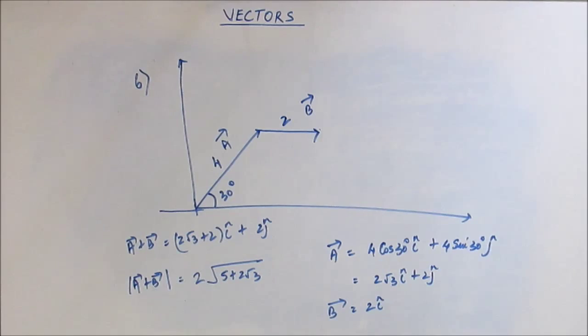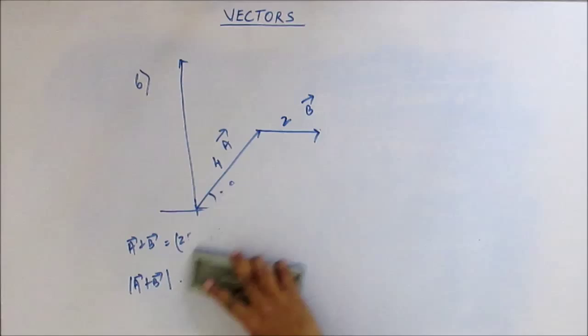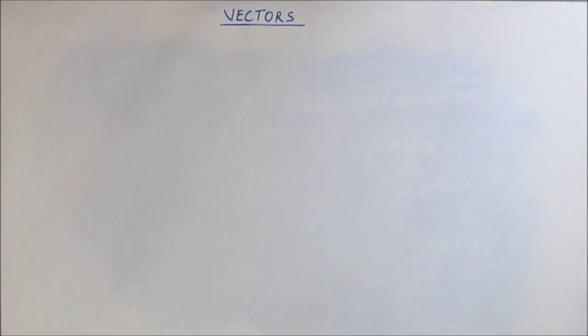So what I'll do now is, I'll revisit the addition of vector, and then I'll revisit the resolution of vector, and then finally we'll conclude this section of vector, and then we'll proceed ahead. But for now, it's a simple thing, isn't it? What we studied before was called the triangular law of addition of vector.